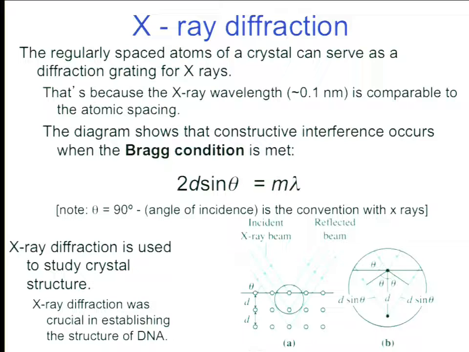Let's call it m. I think I called it n before, but it varies. Just an integer. When you get this kind of thing, you get these bright fringes. And so what this is doing is spreading out that light that's coming from there into its individual wavelengths.